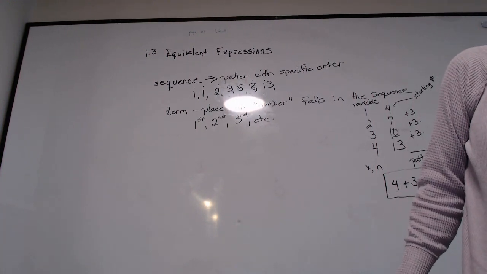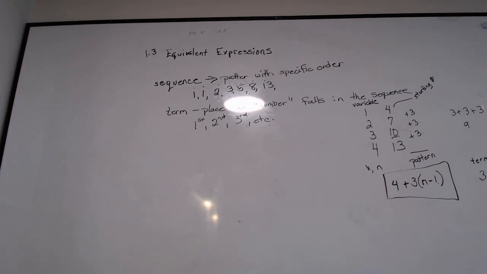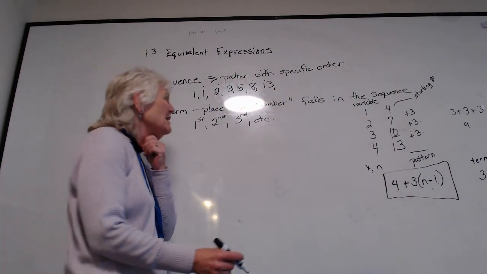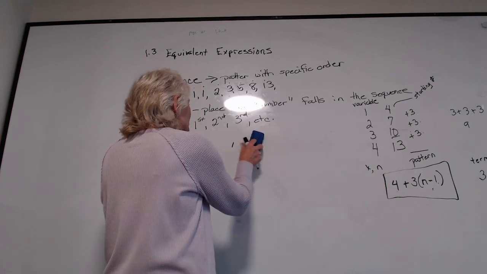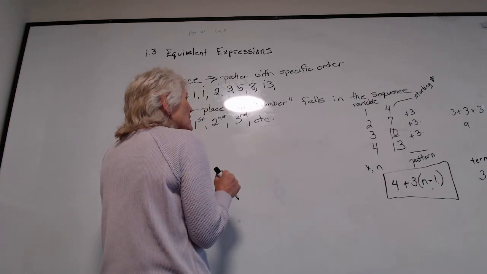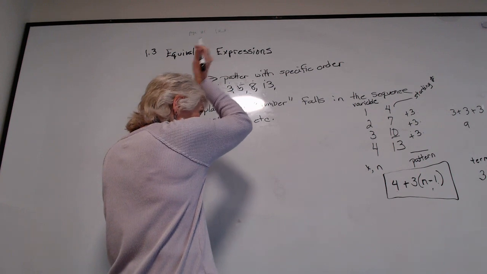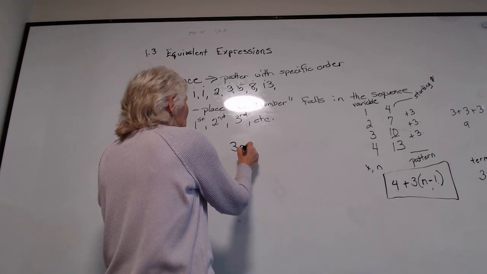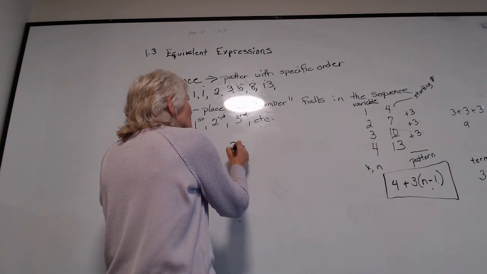Now, somebody might do it differently. Somebody came up with another one: 1 plus 3n. 3 times n, plus 1.